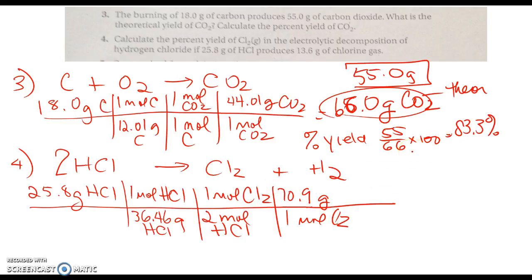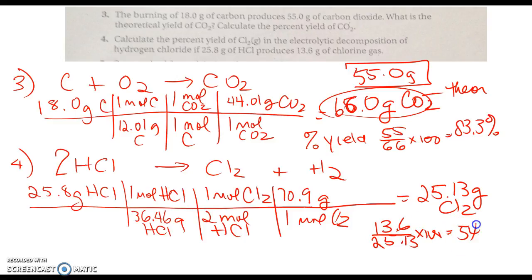So it turns out that I should have theoretically gotten 25.13 grams of CO2 if I only produced 13.6. So my actual is 13.6 over my theoretical times 100. I got about 54.12% yield, right?